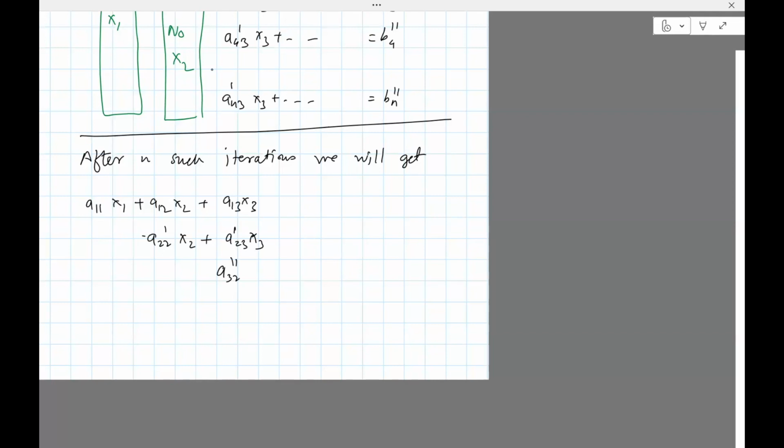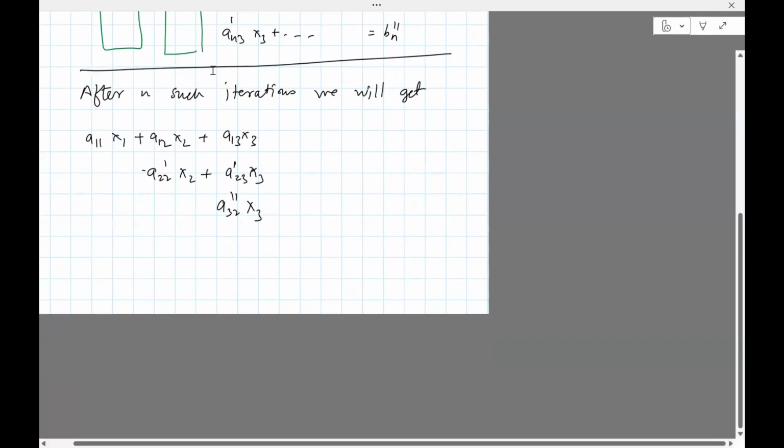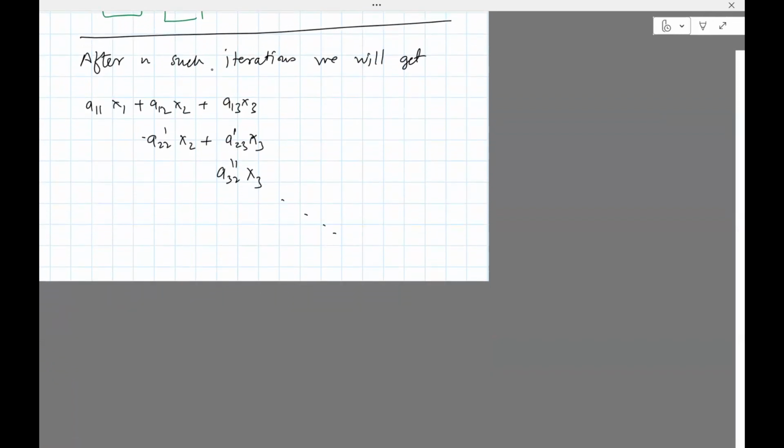This will have a double prime x3 and so on till we reach n primes. So let's put an n xn equals bn.